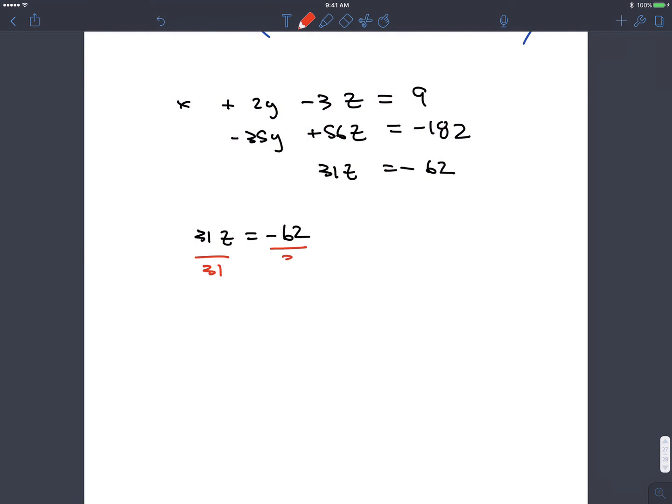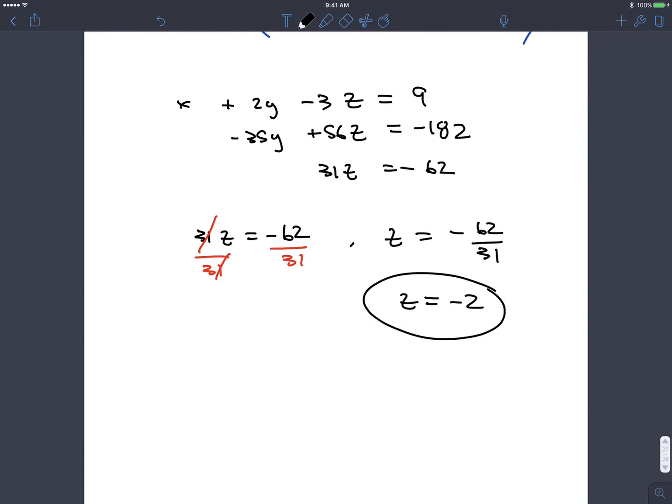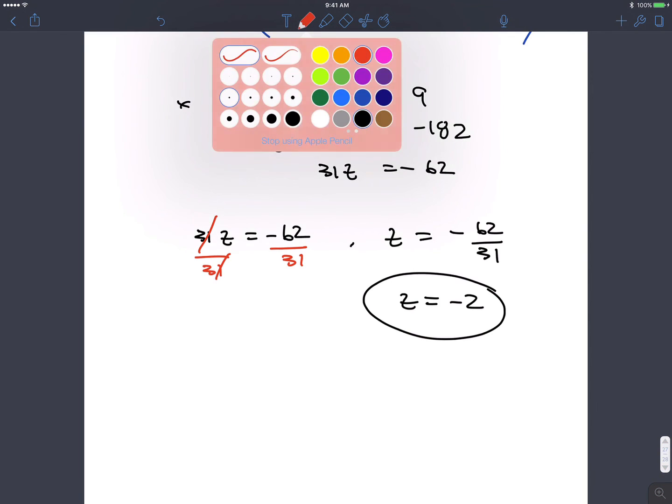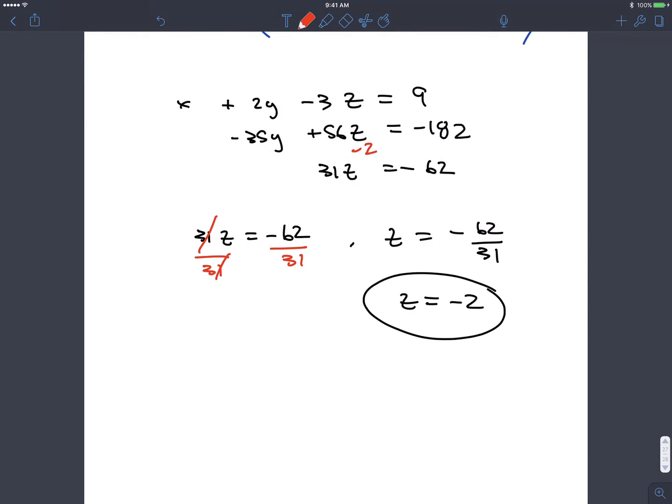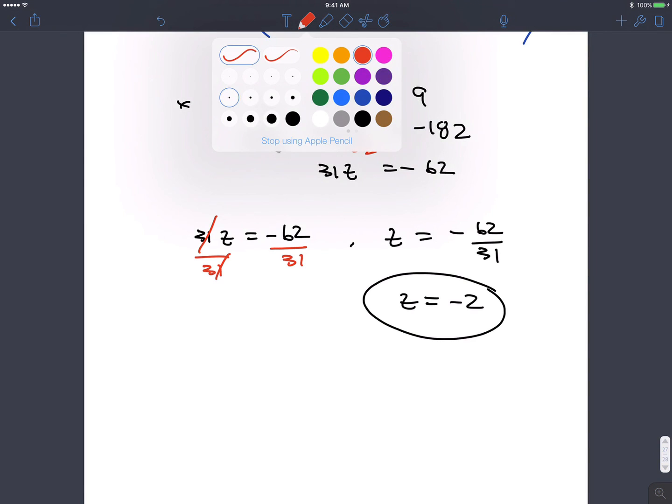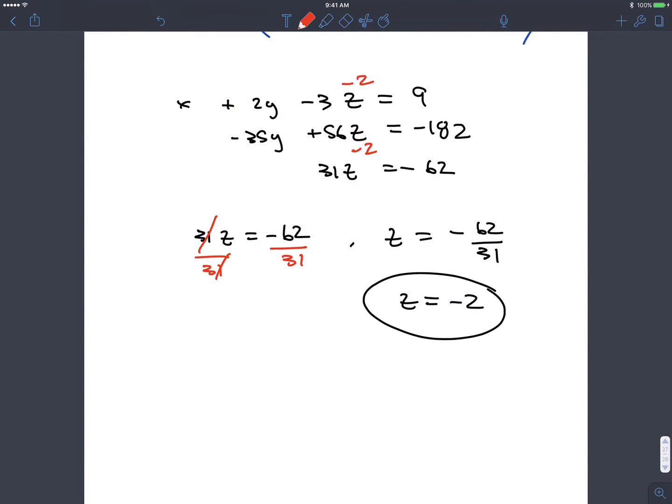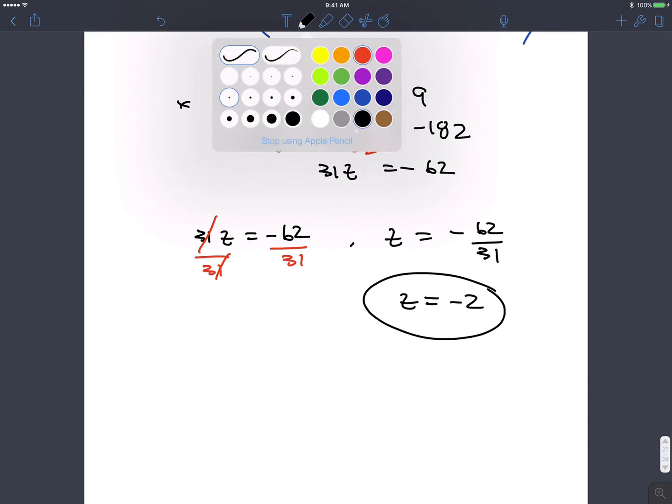Divide both sides by 31. We get our cancellation. And z now will be -62 divided by 31, or z is -2. So I get to go back and use back substitution and replace this z with a -2 here.